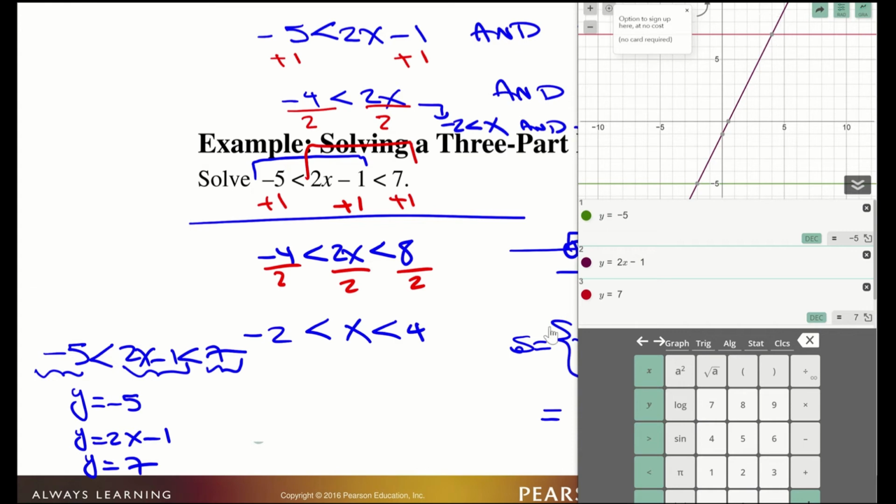See? So x between -2 and 4. So that's a nice way of verifying that we've done this correctly graphically. So when y values are between -5 and 7, we can see the x values are between -2 and 4. Okay? That's how you would verify it graphically.